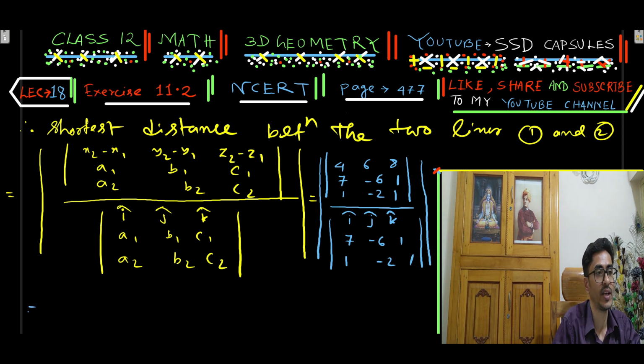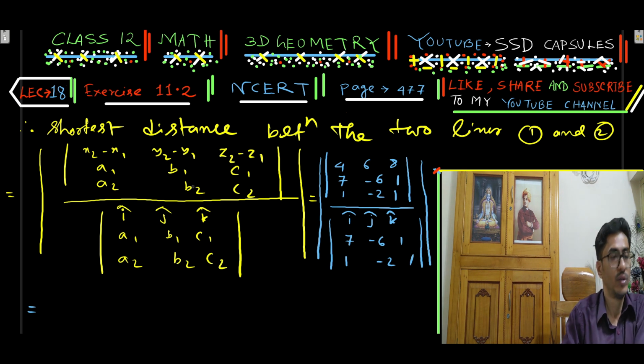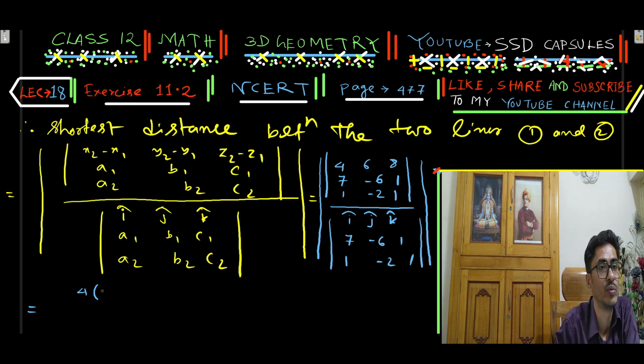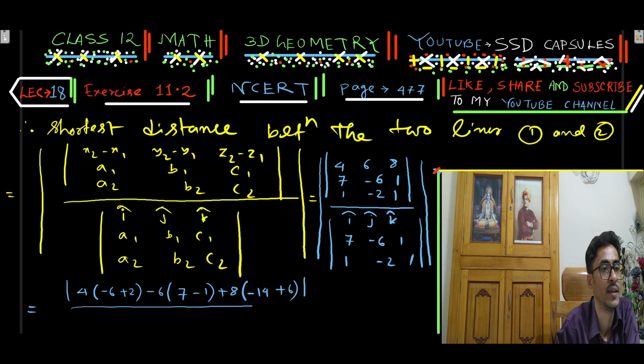Now we just simply derive the value of the determinant: 4 into minus 6 plus 2, minus 6 into 7 minus 1, plus 8 into minus 14 plus 6, magnitude by i cap.